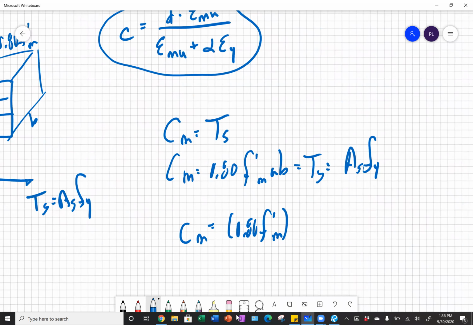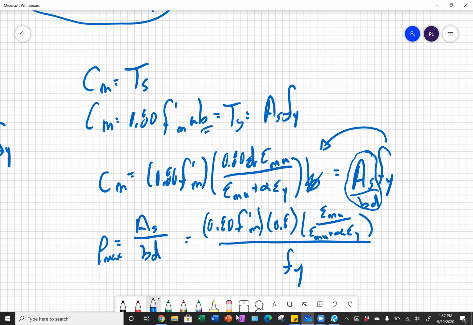Then we get rho max is equal to 0.80 f'm times 0.8 times our strain in our masonry divided by our strain in our masonry plus alpha times our yield strain, and that's divided by Fy, our yield stress, because this is our rho, As over bd, and so we want to divide both sides by our yield stress.